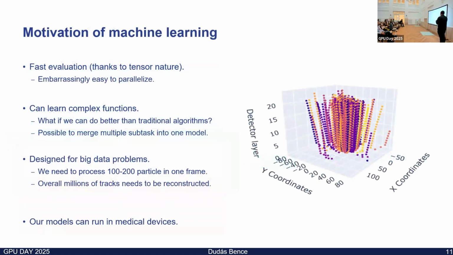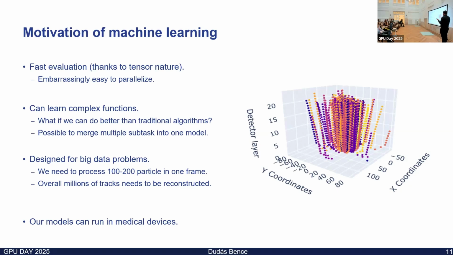So for us, the motivation to use machine learning in the track reconstruction is, first, that it's fast in evaluation, because it works with tensors and deep learning code is embarrassingly easy to parallelize, since these are just tensor operations. Therefore, it can run on GPUs super fast.